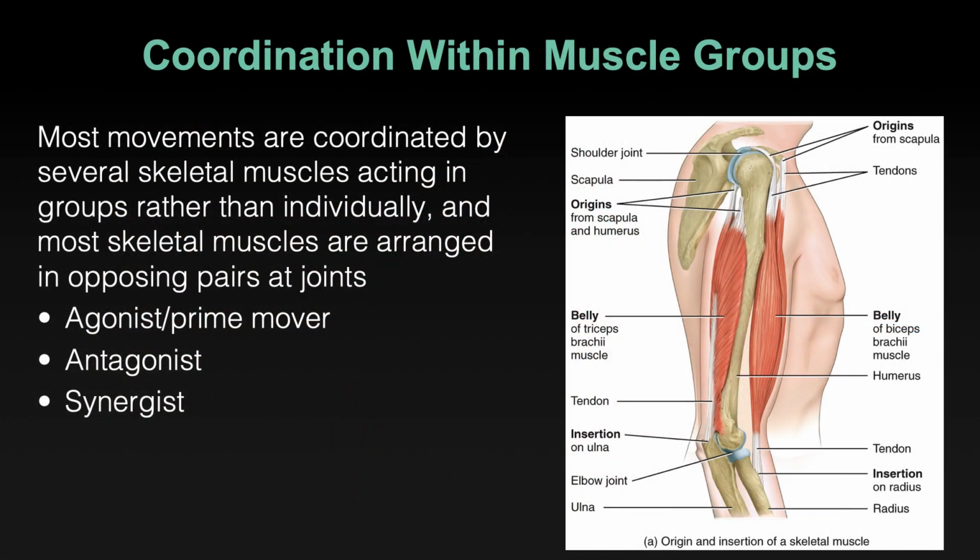Now, something that I alluded to already today and that we spent time talking about when we mentioned reflexes is that while we talk about individual muscles doing a job, movement is not individual. Movement at a joint, even at the elbow, is not only the action of one singular muscle. Movement occurs through the actions of groups of muscles.